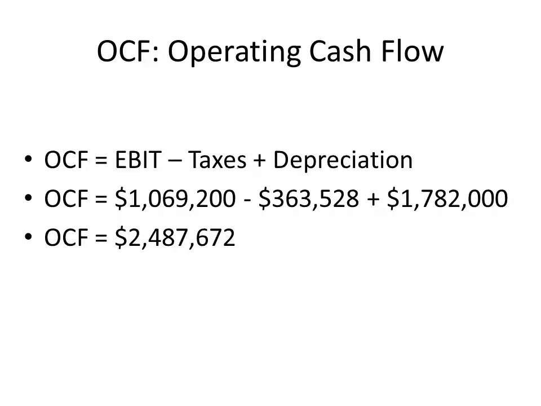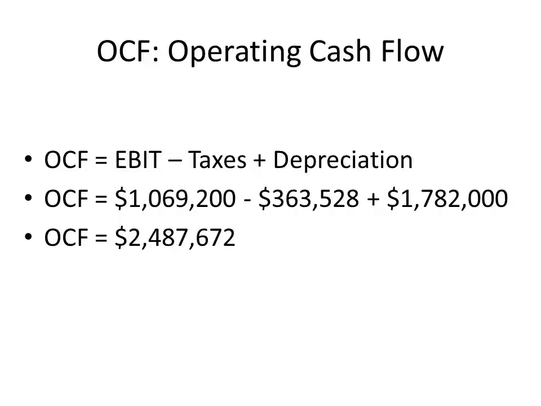Next, we're going to calculate operating cash flow. Operating cash flow is simply EBIT minus taxes plus depreciation. We have to add back that depreciation because remember it was subtracted out when we calculated EBIT, and depreciation is a non-cash expense, and what we're looking at here is operating cash flow, so we have to add it back.